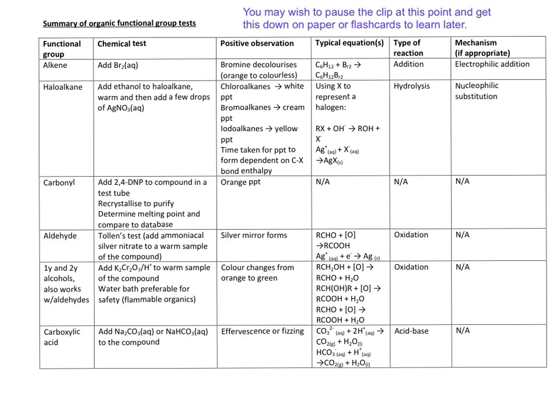But all the other bits and pieces that are included would be on any of the A-level chemistry syllabuses that are out there at the moment. So if you want to pause the clip now, that would be a good idea, or maybe you want to come back to it, but the next thing we're going to do is to have a look at some exam-style questions from past papers.